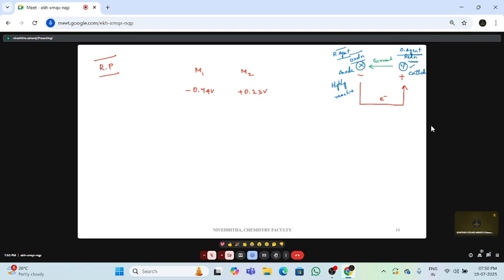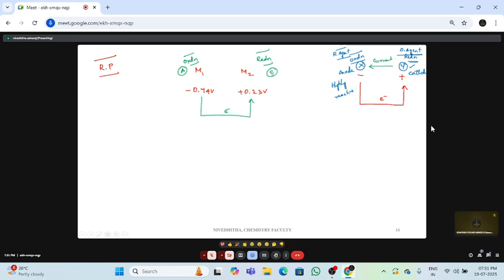So electron will be moving from negative terminal to positive terminal. Which metal is getting oxidized and which is getting reduced? Yes, the answer is right. The metal M2 is gaining electrons, so it is undergoing reduction, and M1 is undergoing oxidation. The electrode which is getting oxidized is considered to be anode, and this is considered to be cathode.